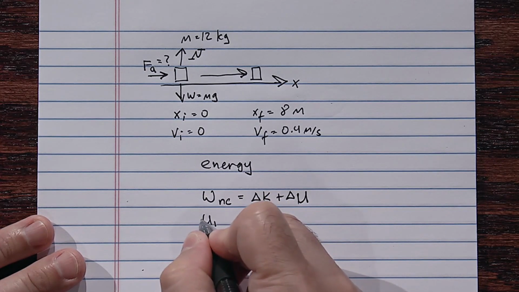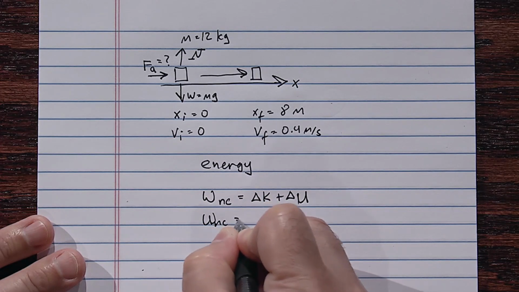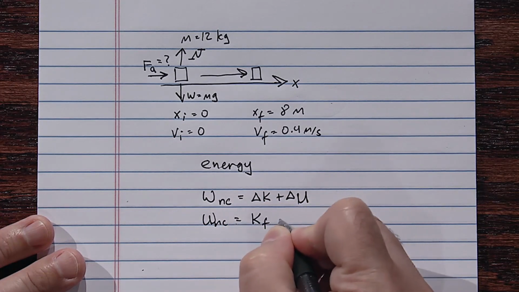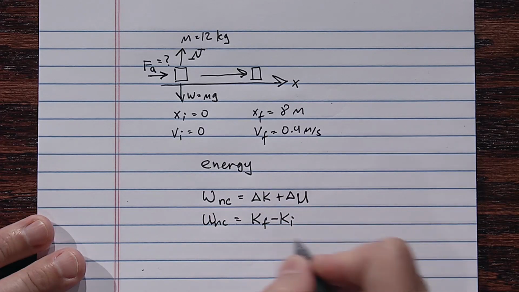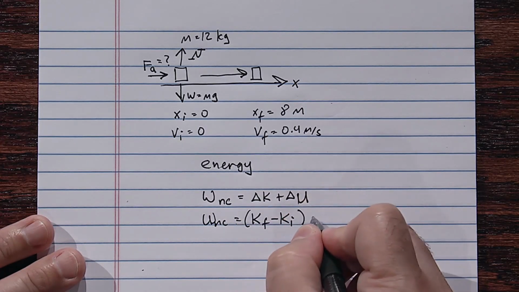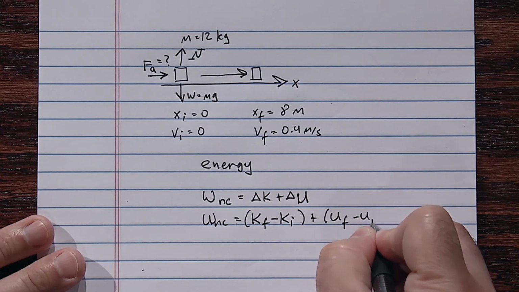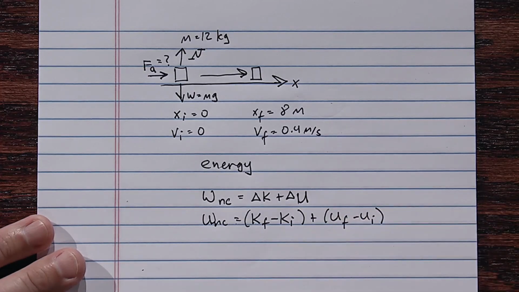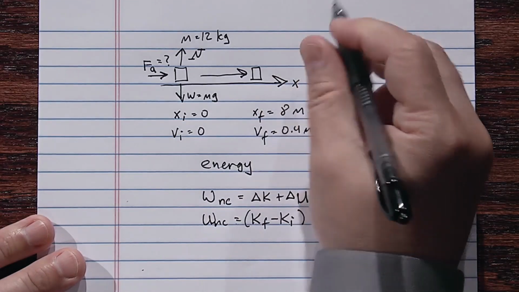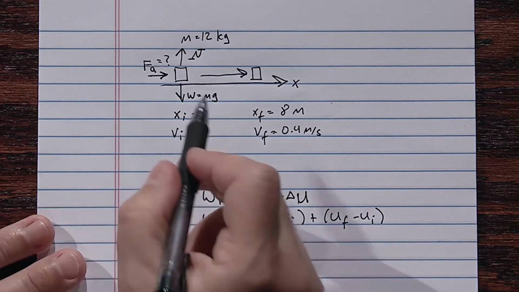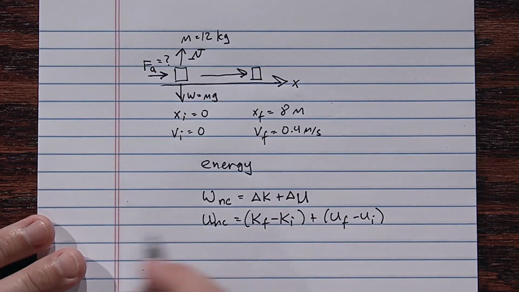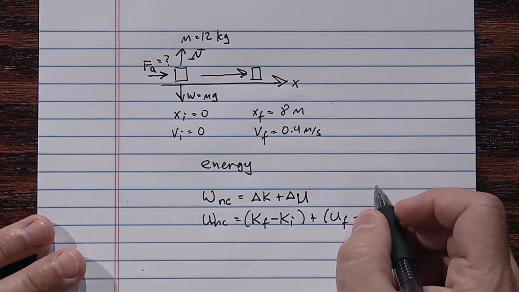The work done by non-conservative forces is kinetic energy final minus kinetic energy initial plus potential energy final minus potential energy initial. Well, if we consider the ground to be height equals 0, it really doesn't matter what we consider the ground, but let's consider the ground to be height equal to 0. That would tell us that our gravitational potential energy is 0, both initially and finally.